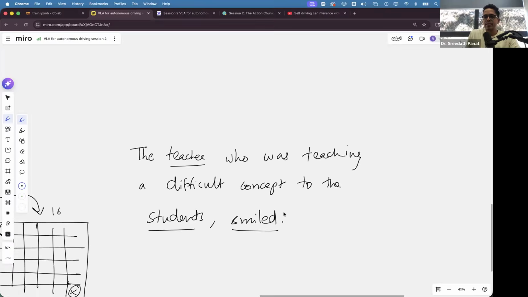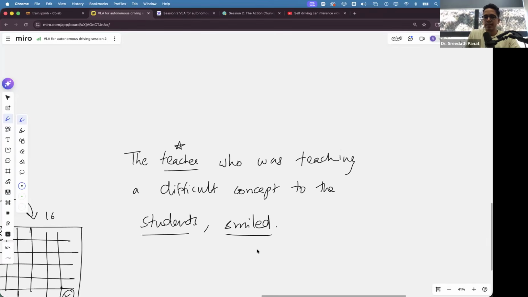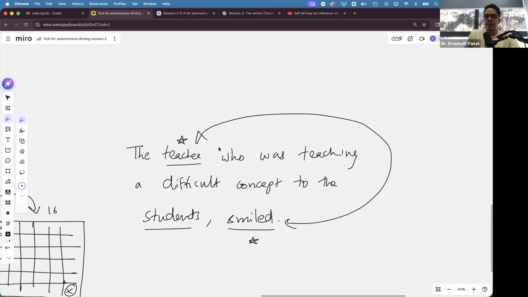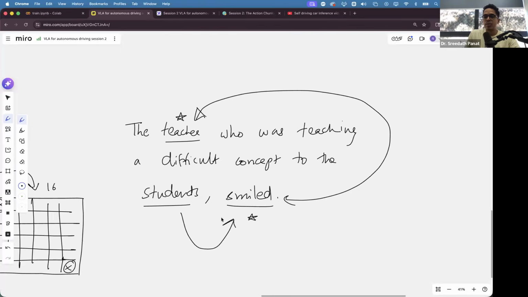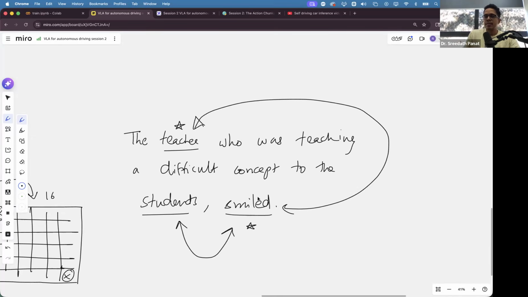Yet the attention weight between the token corresponding to teacher and the token corresponding to smiled should be highest. The reason is the teacher is the one who smiled. It's not the students. But if models do not have long range dependency, they will not be able to learn that these two tokens have very high dependency. It may learn by mistake that students and smiled are the ones who are correlated. But a large language model, because of its self-attention, can construct large attention scores between tokens even though they are far apart.